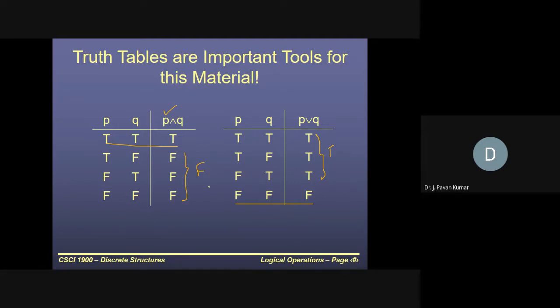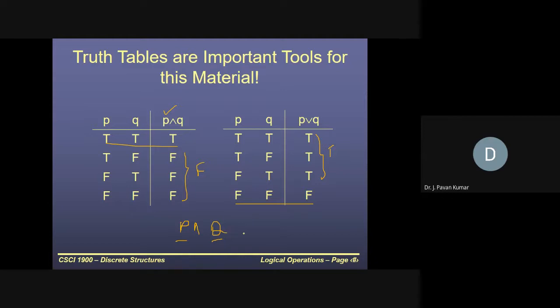Next, coming to compound statements. Whenever we have two statements, P and Q, in general we denote these statements with capital letters. There is no restriction, but in general. Now if you write P and Q, we are just connecting two statements.